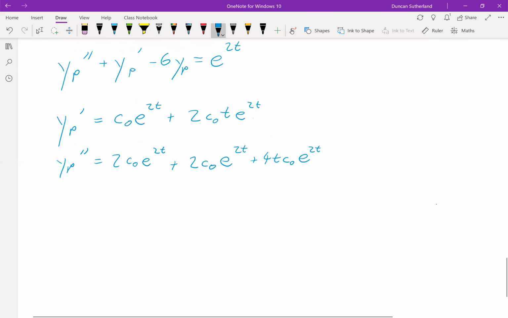Okay, there's obviously some simplifications here, but I'll wait until I stick it in the ODE completely to make those simplifications. So let's just plug it in. There's going to be 5 of these by the time I'm finished.